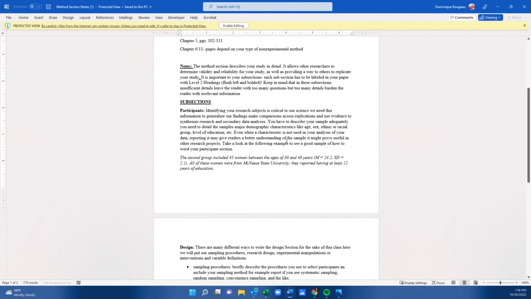Even when it's not used in your analysis, you might want to get certain demographics. For example, if you're doing a study on sleep habits, it might not be a bad idea to ask a simple question about how often you sleep throughout the night or something like that.